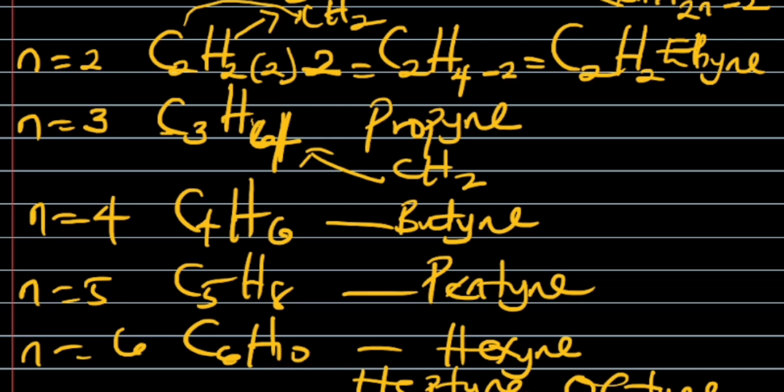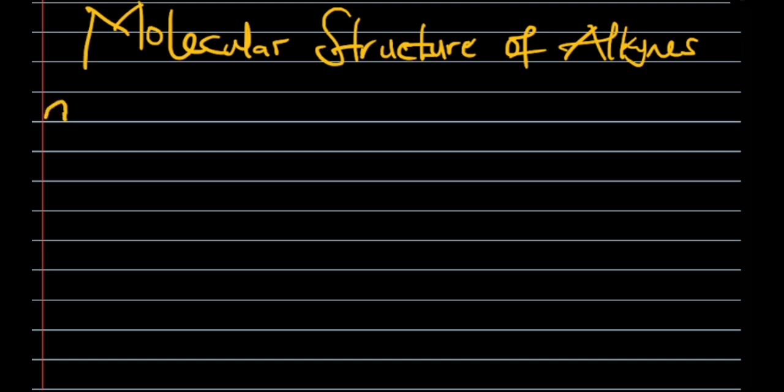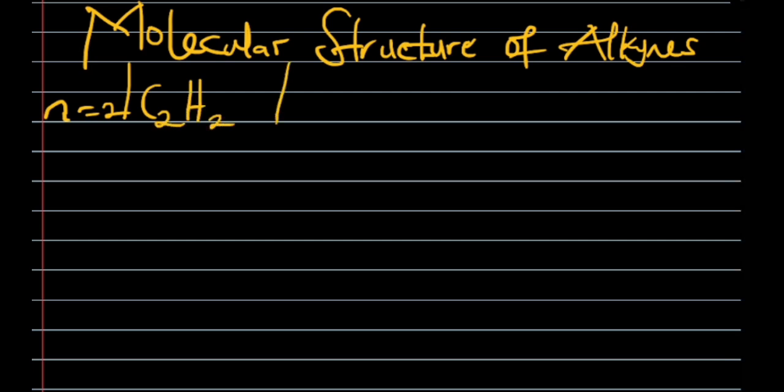Now let's take a look at the structures. When n is equal to 2, we all know this gives us C2H2. So we have 2 carbons, and don't forget the functional group. This is the structure of ethyne.